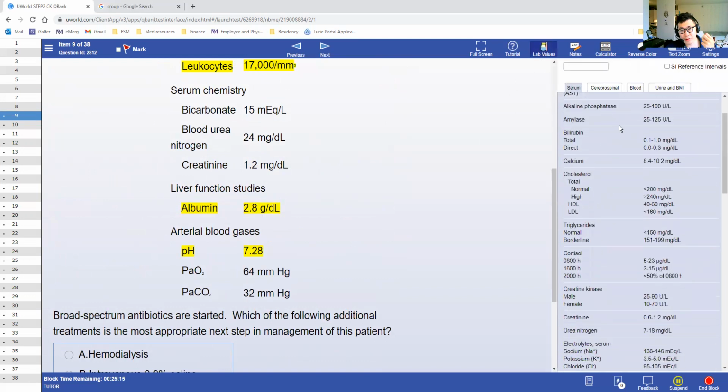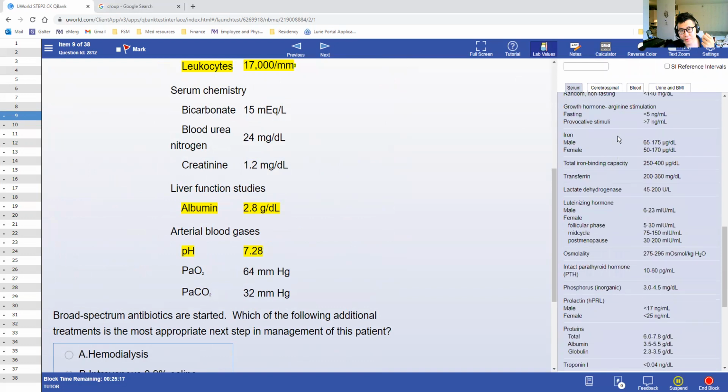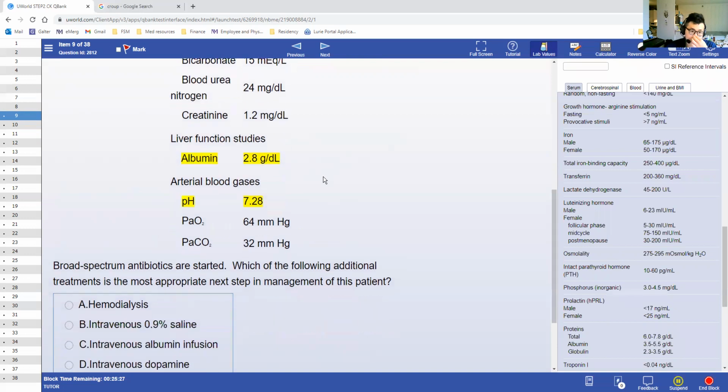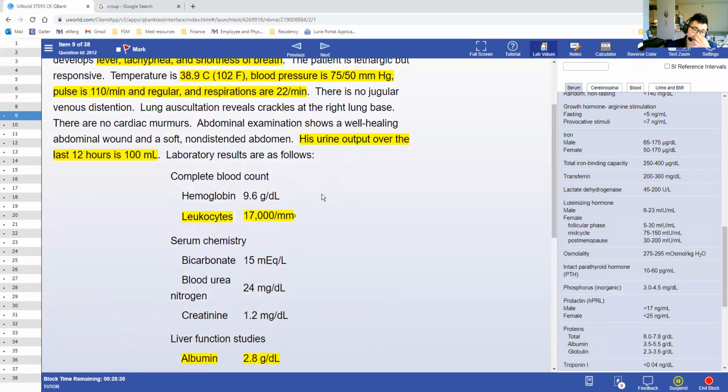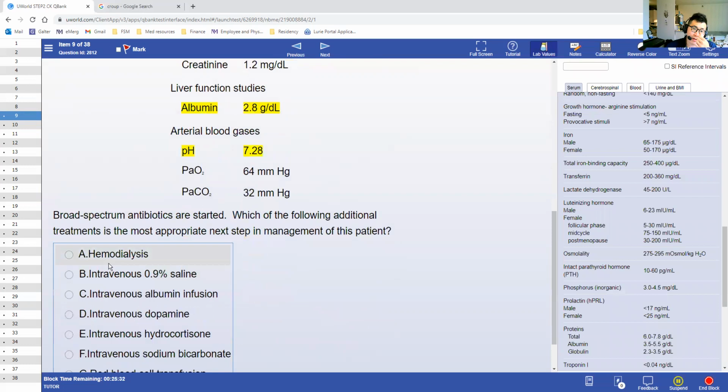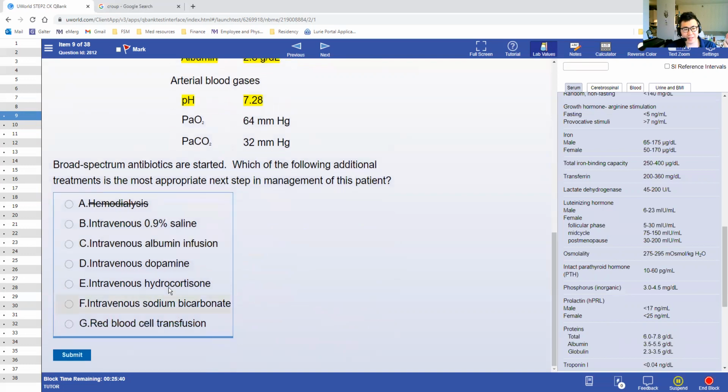So would I give albumin? I don't know if I would. All right. No real indications for dialysis here. Yeah, saline makes sense to me. IV albumin infusion, less likely.